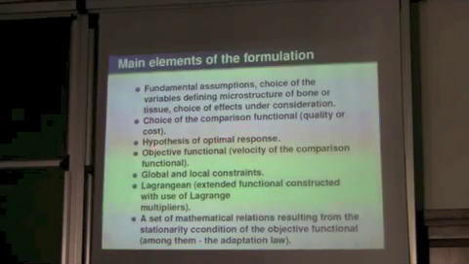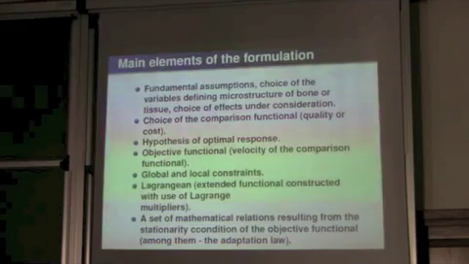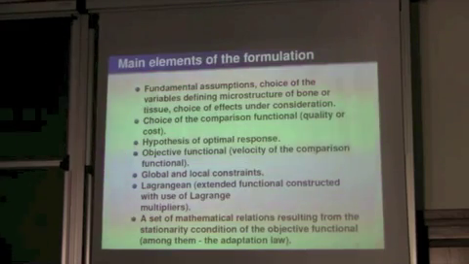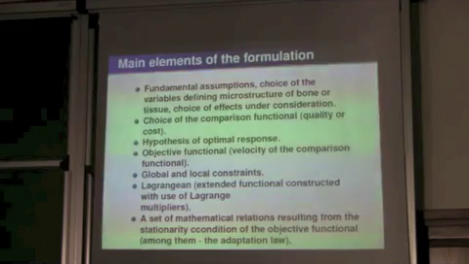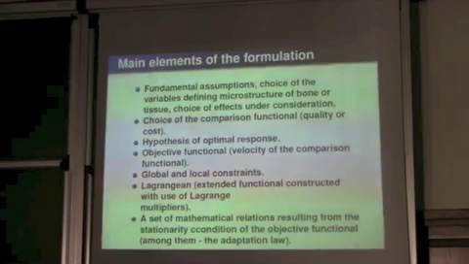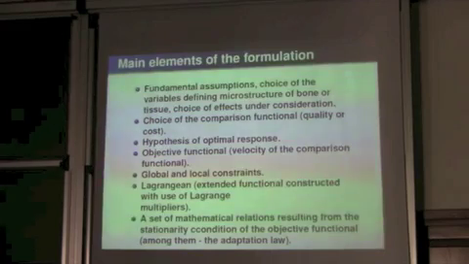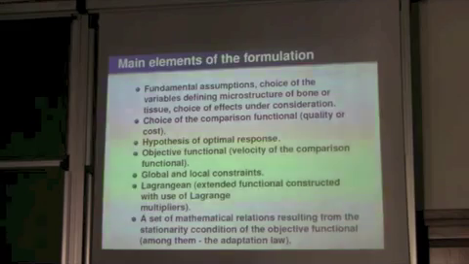Then we apply the hypothesis of optimal response. What does this hypothesis say? According to this hypothesis, since we consider the system which is placed in conditions variable in time, I mean the forces vary in time, biological conditions vary in time, chemical conditions vary in time, health, nutrition, this is something that is changing in time.